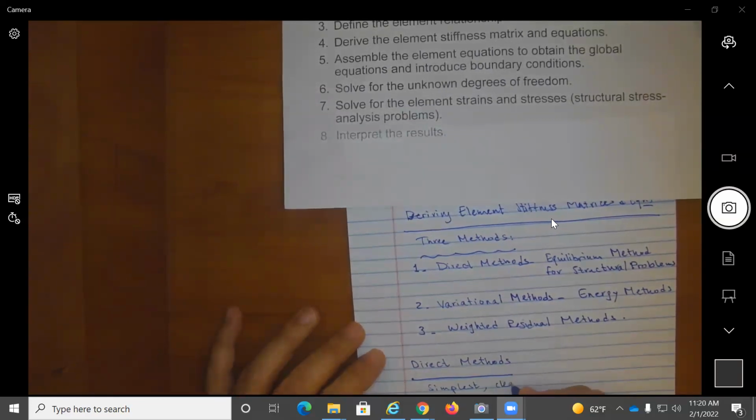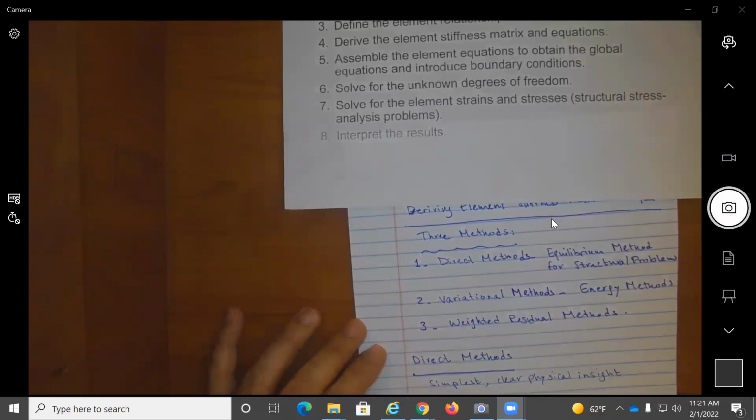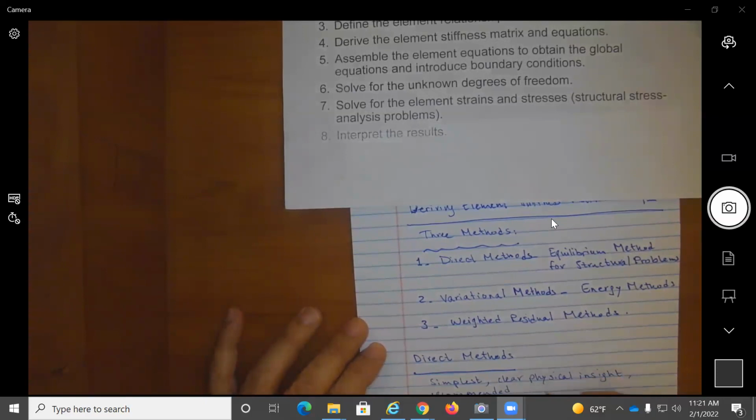They provide clear physical insight, and they are recommended for learning the concepts.